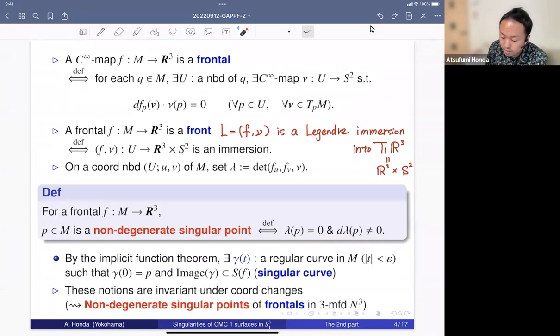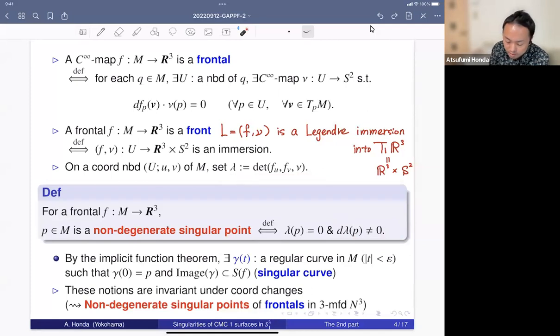In fact, this function is an identifier of singularities. That is, the zero set of this function coincides with the singular set of the map F. So this condition essentially implies the non-degeneracy of singular points.